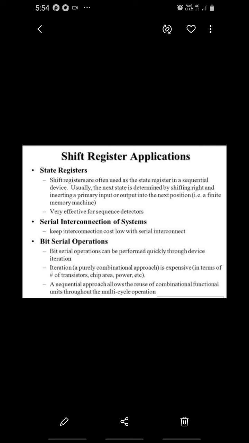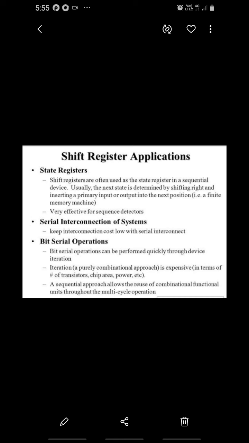Serial interconnection of systems: keep interconnection cost low with serial interconnect. Bit serial operation can be performed quickly through device iteration.